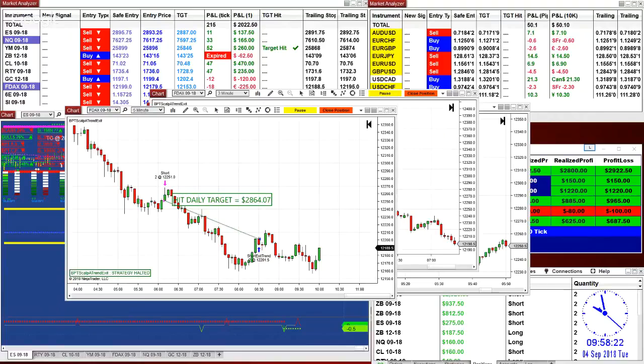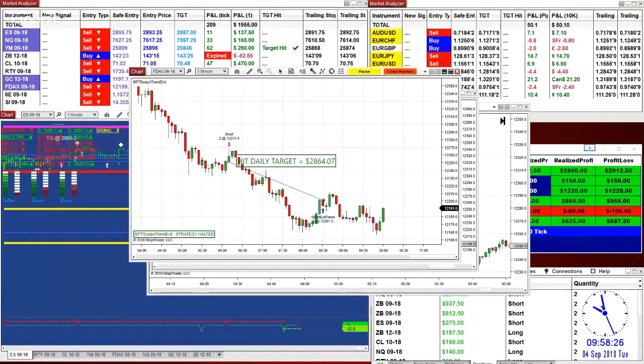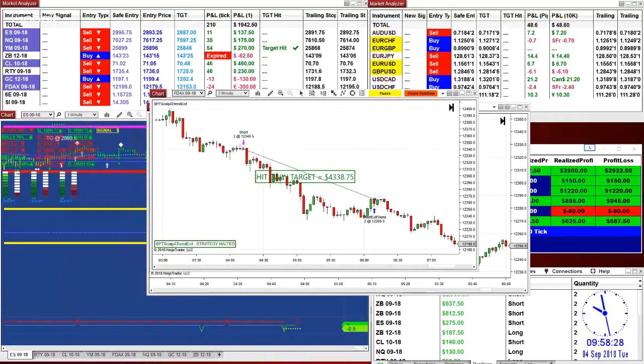Nevertheless, today is an extremely good run in the market. When the market moves very nicely, a lot of money is to be made. A good day for auto trading today.